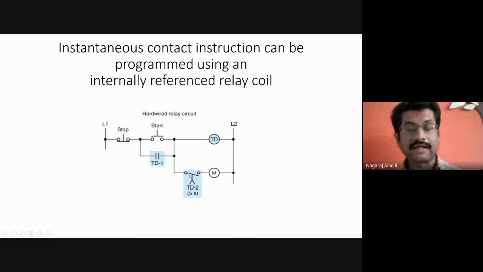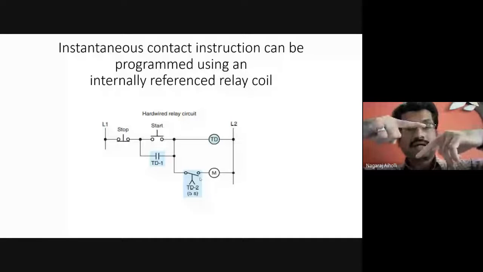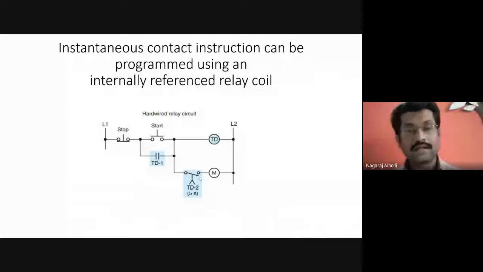After it is activated, it will remain in the open state up to 5 seconds. Once the 5-second time delay has elapsed, it will become closed and the starter motor coil will be energized. So this is how this circuit will work.